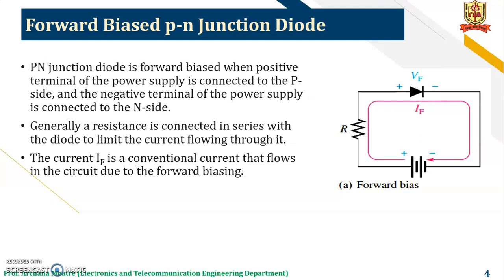The PN junction diode is forward biased when the positive terminal of the power supply is connected to the P side and the negative terminal of the power supply is connected to the N side. Generally, a resistance is connected in series with the diode to limit the current flowing through it. The current IF is a conventional current that flows in the circuit due to the forward biasing.